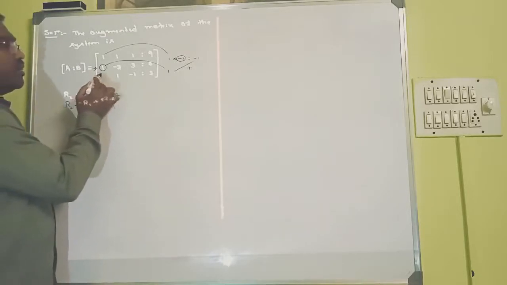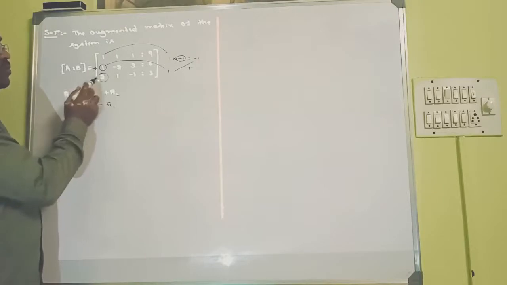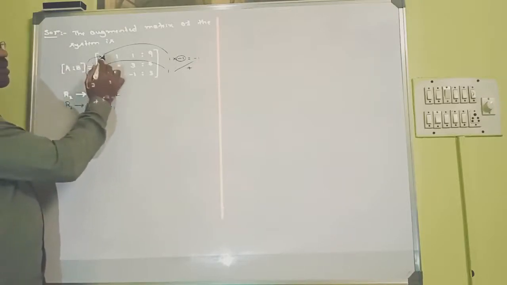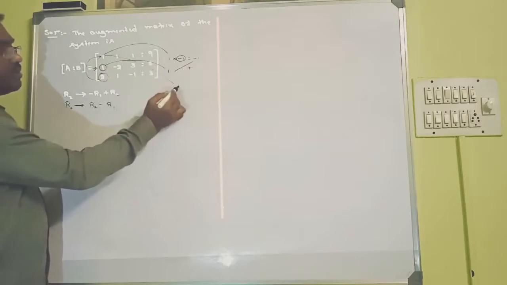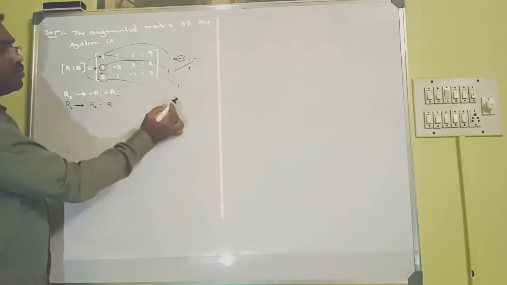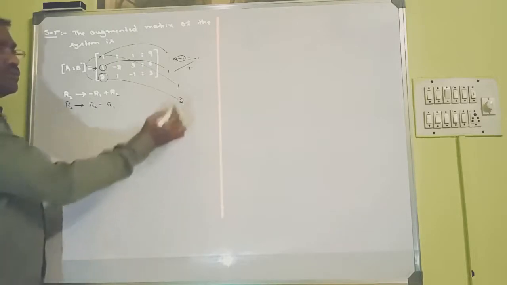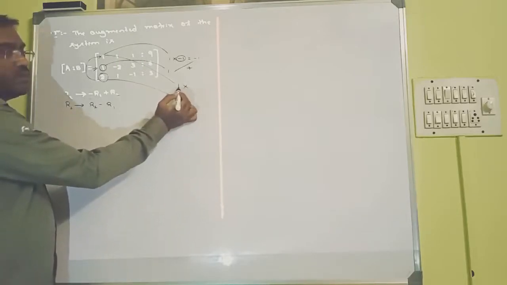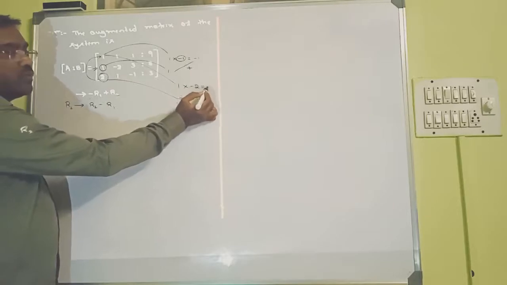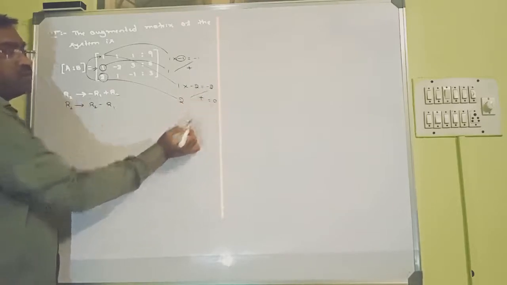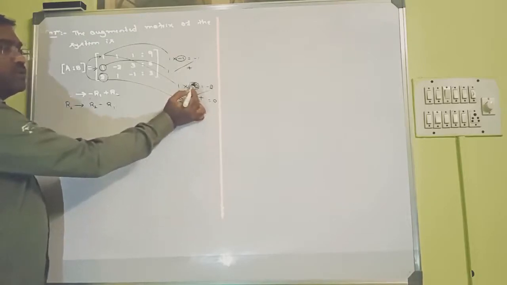Now let us see how we make this 2 as 0 with the help of this one. Let us take this one here and take this 2. So what has to be done here? We multiply this 1 by minus 2 so that we get minus 2 here. Then we add to get 0. So what is the operation?